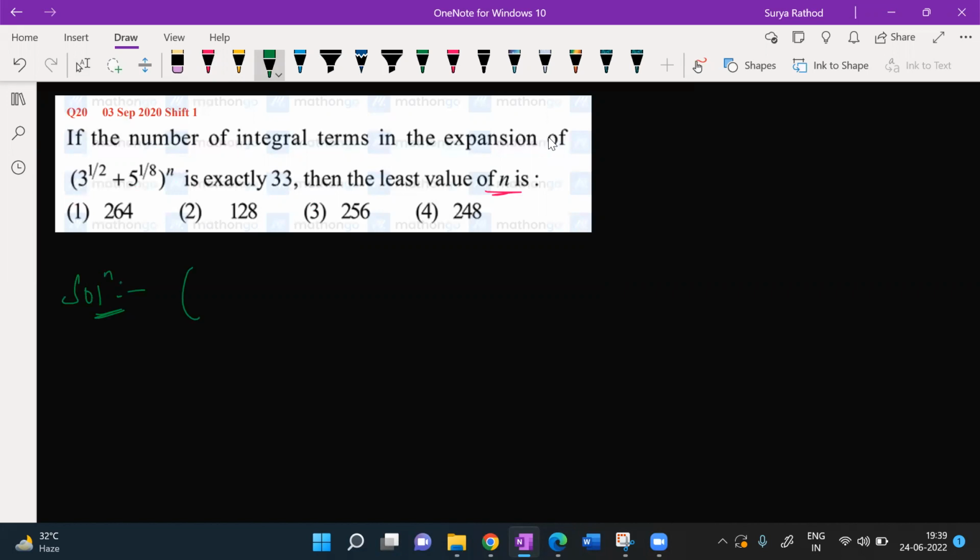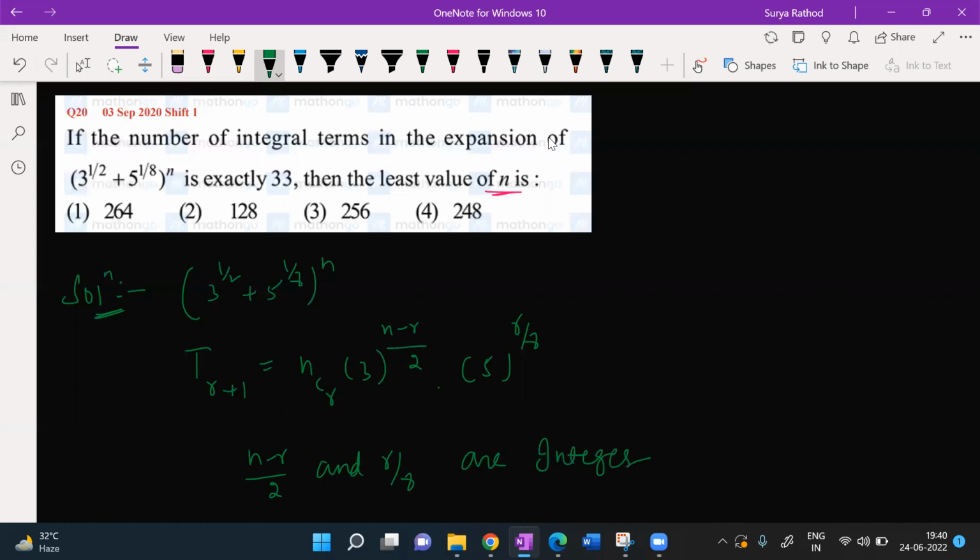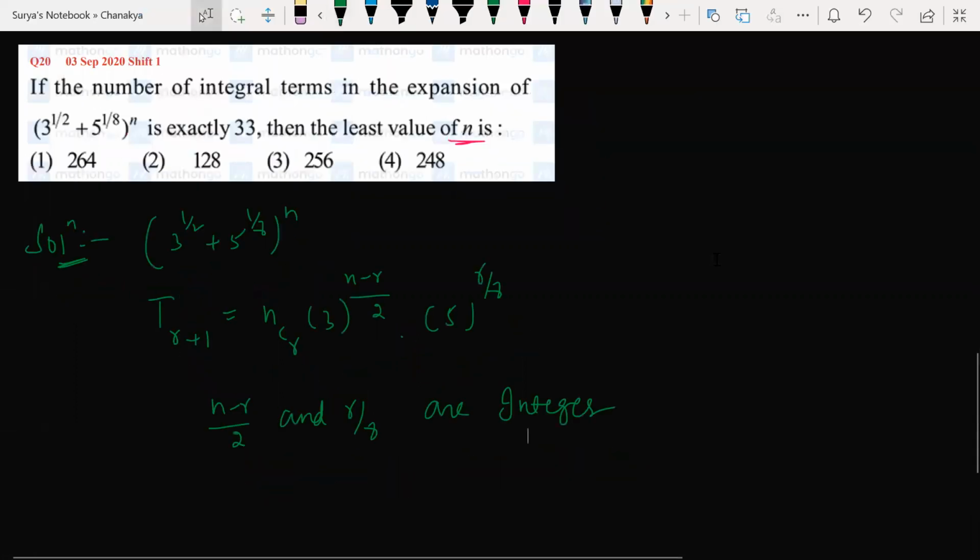So (3 to the power of 1 by 2 plus 5 to the power of 1 by 8) all to the power of n. T r plus 1 is equal to nCr into 3 to the power of (n minus r) by 2 into 5 to the power of r by 8. Here (n minus r) by 2 and r by 8 are integers.